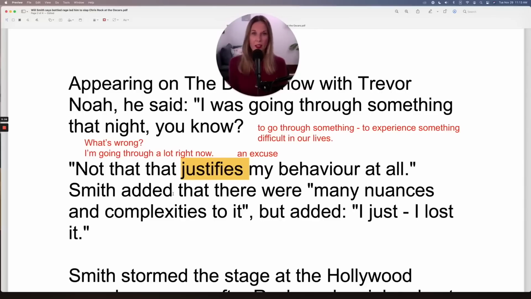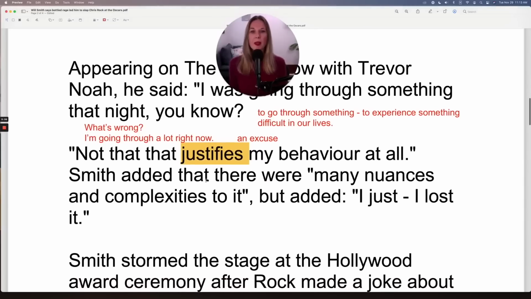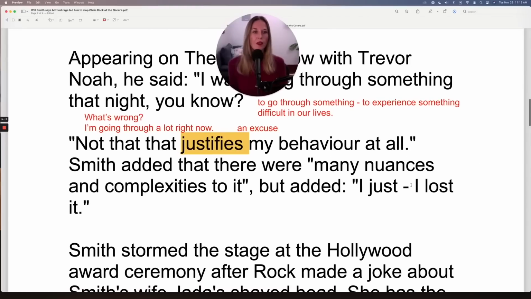It's not an excuse. Smith added that there were many nuances and complexities to it, but added, I lost it. Now notice here, I lost it. What do you think that it is? What did he lose? His keys, his wallet?